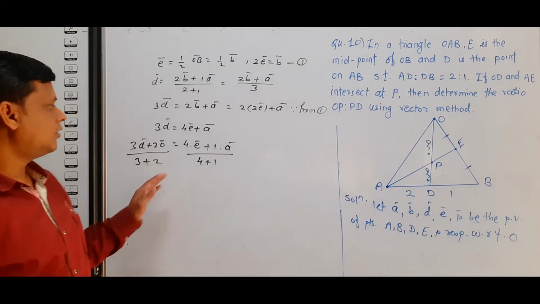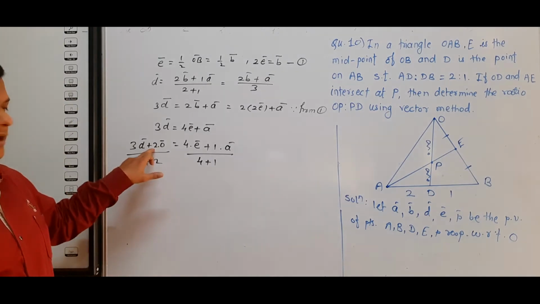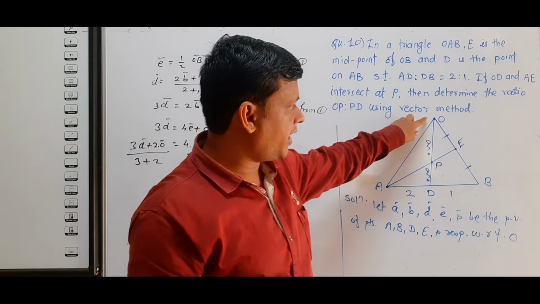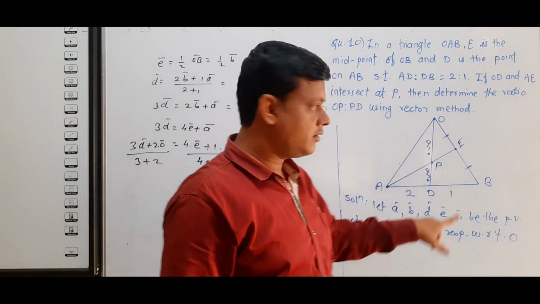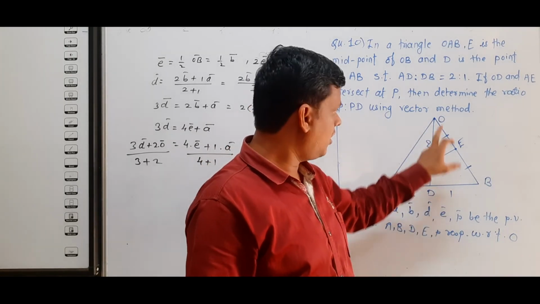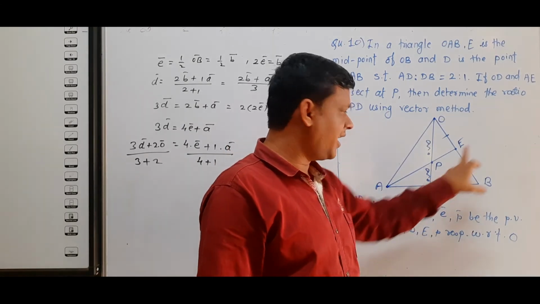That means we adjust here vector 0, because we have to take the position vector of O, position vector of D, because this point P is on vector OD, and this point P is on AE.